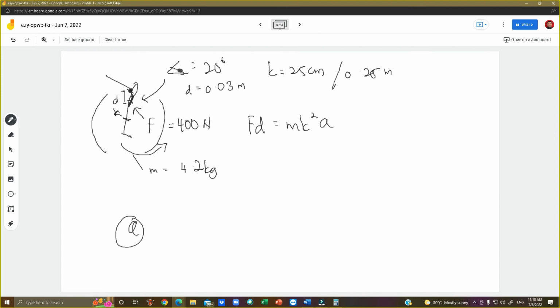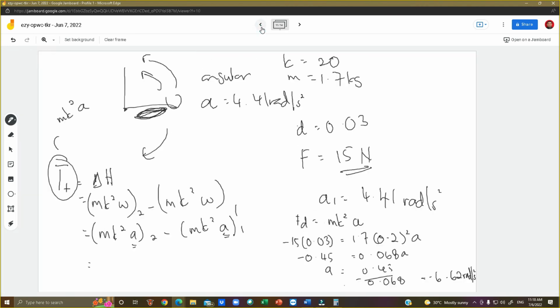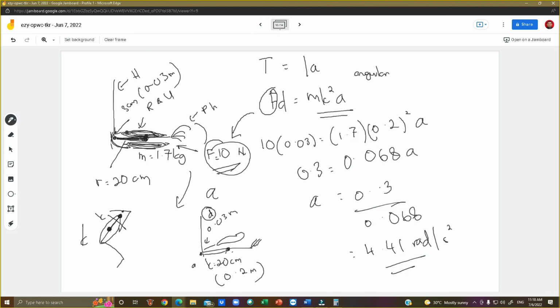If we compare this situation with the first situation here, the force being imposed to the system is perpendicular to the axis. Dia bagi tahu tadi 90 degree.